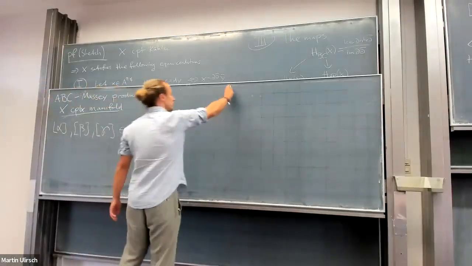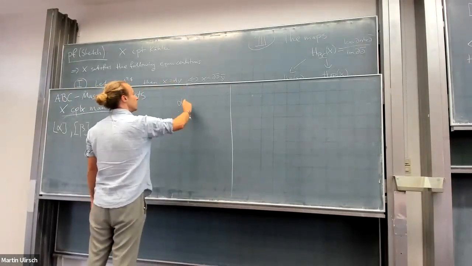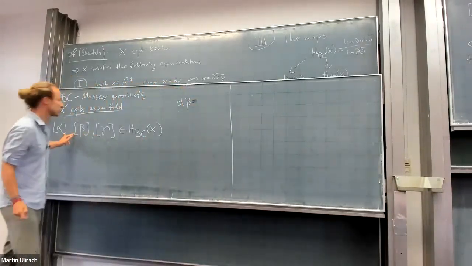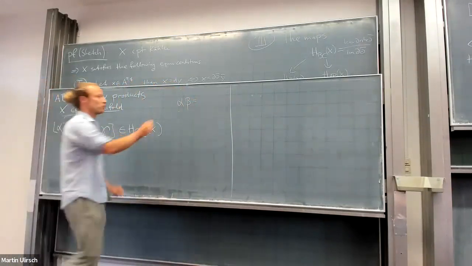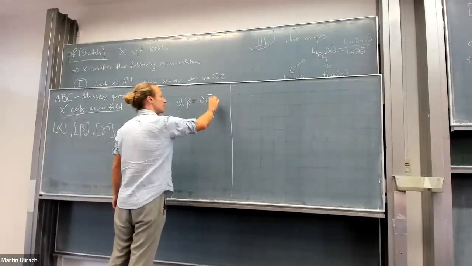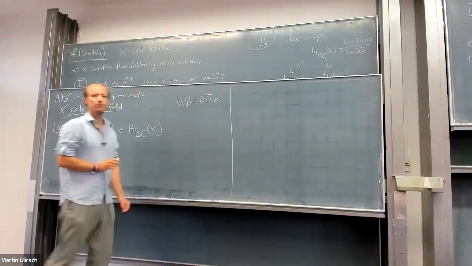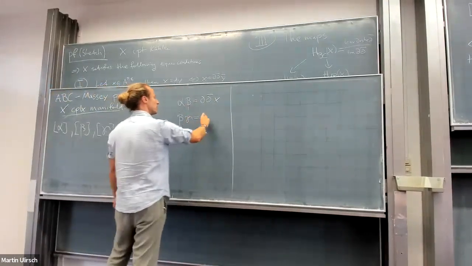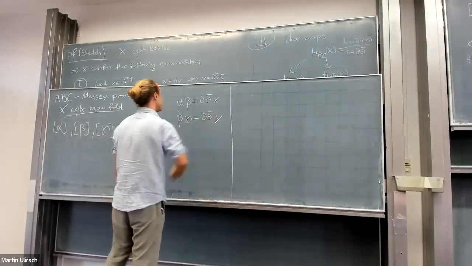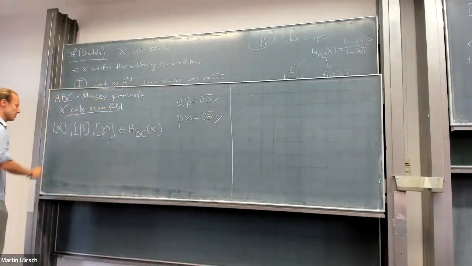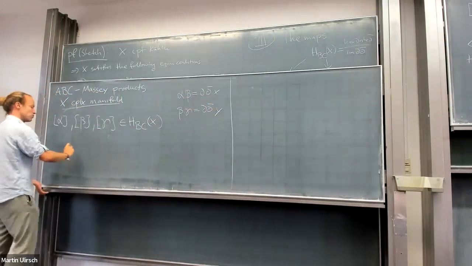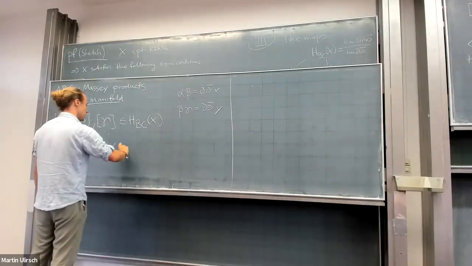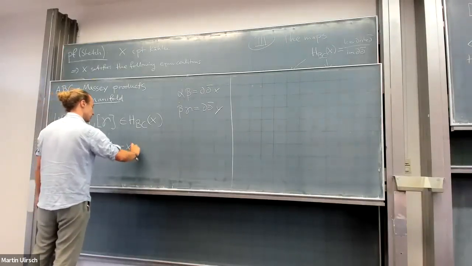And let's also assume that alpha beta, the product of these two, is 0 in Bott-Chern cohomology, which now means that they're dd-bar of some x, and beta gamma is dd-bar of some y. And then we can define, just as before, alpha y minus x times gamma.